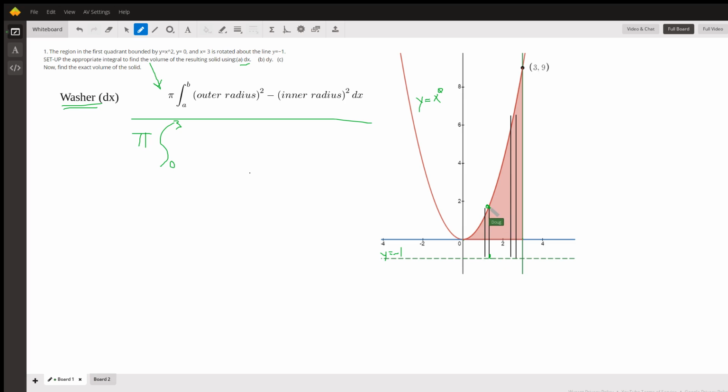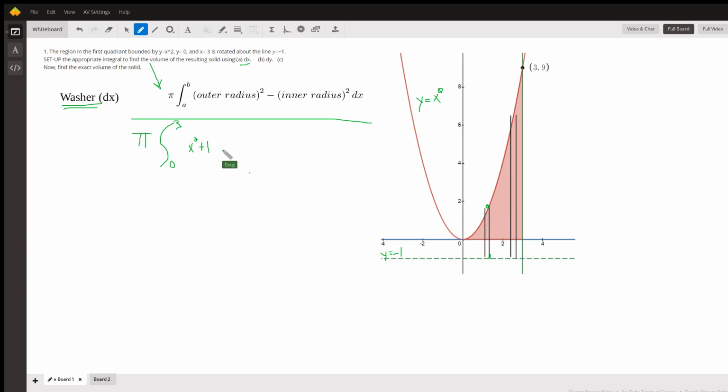So the y-coordinate at the top is x squared, minus the y-coordinate at the bottom is always -1. So it's minus a -1 or plus 1. That right there, for any x in this interval from 0 to 3, will give you a formula for the height, or the outer radius, of a typical washer.